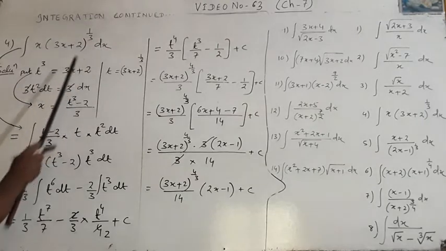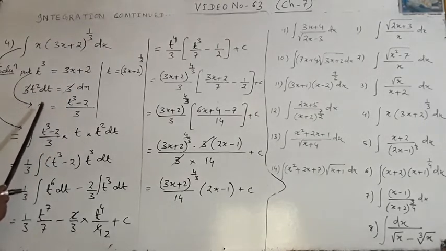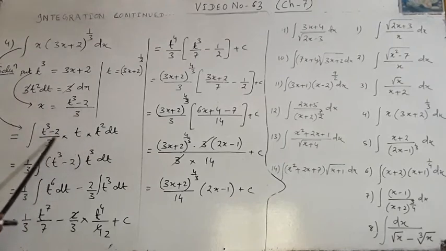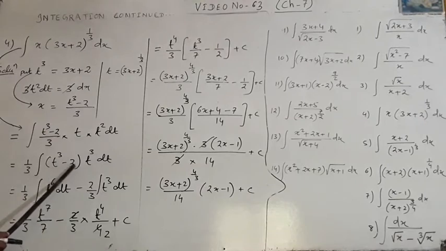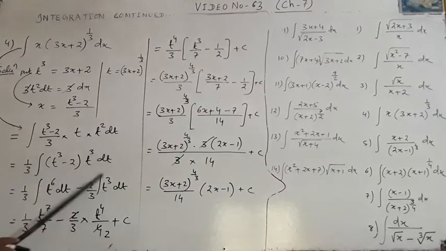And in place of dx, I am putting t square dt. So simplifying all this, it is t cube minus 2 whole into t cube dt. It is 1 by 3 t^6 dt minus 2 by 3 t^3 dt. Then integrate, it is t^7 by 7, minus 2 by 3 t^4 by 4.